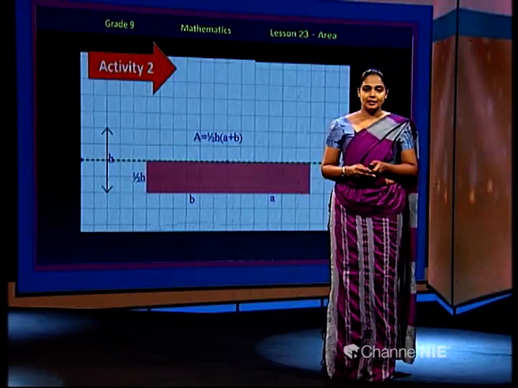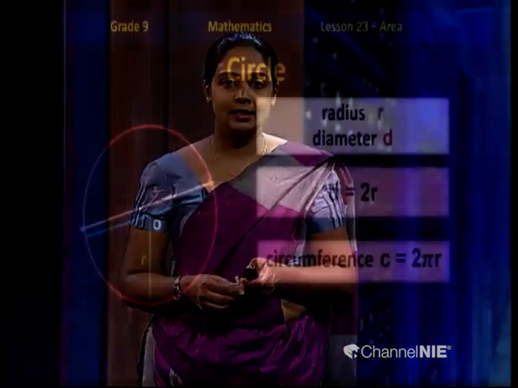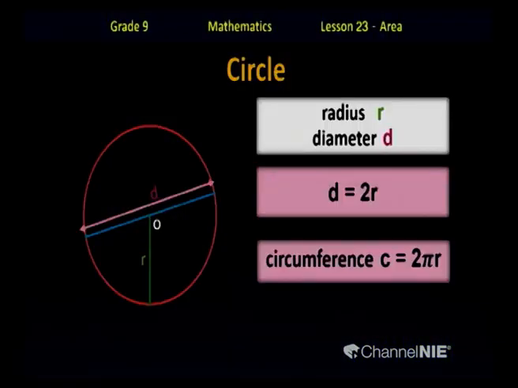Okay. Then students, now we have to go to next one. Now we are going to find out the area of a circle. All of you know what is circle. There is a circle. Now you can see it. The midpoint is center.